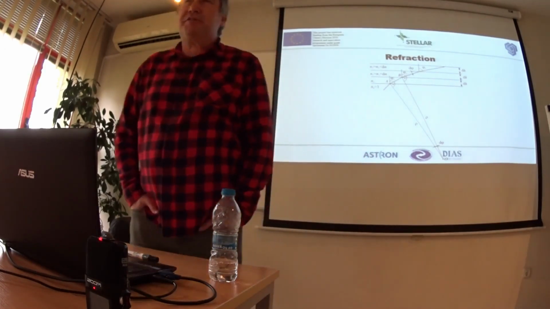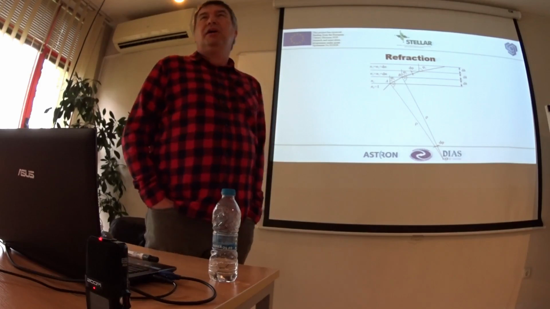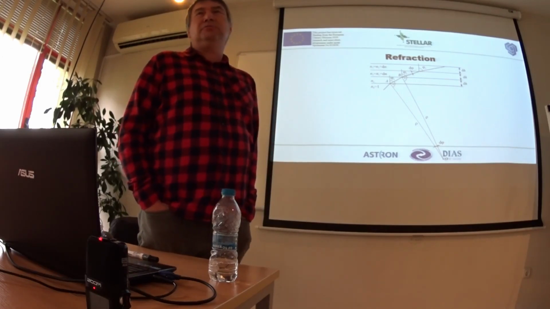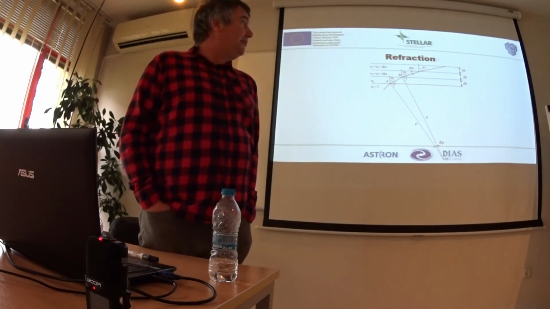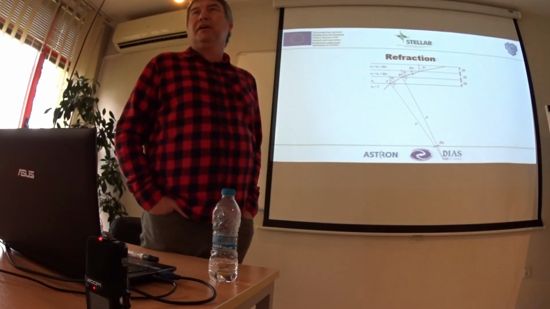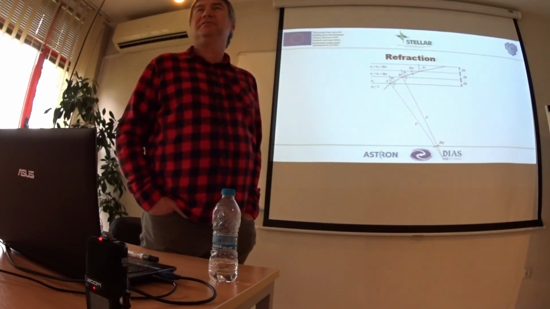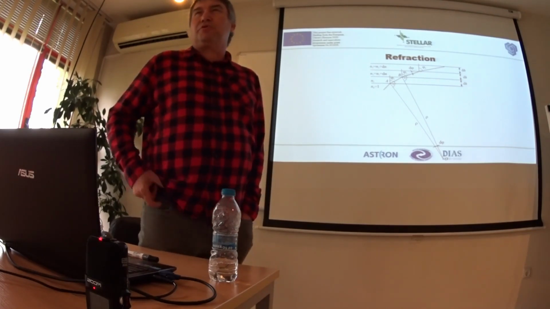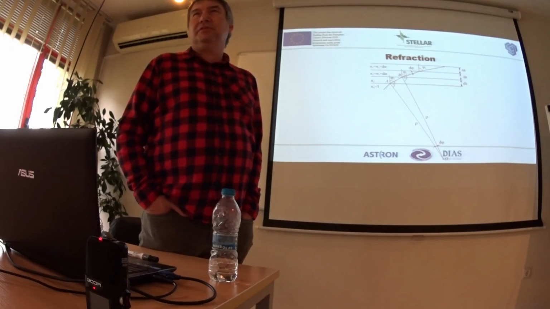This radius is very big, around 35-50,000 kilometers. The radius of the Earth is approximately 6,370 kilometers.